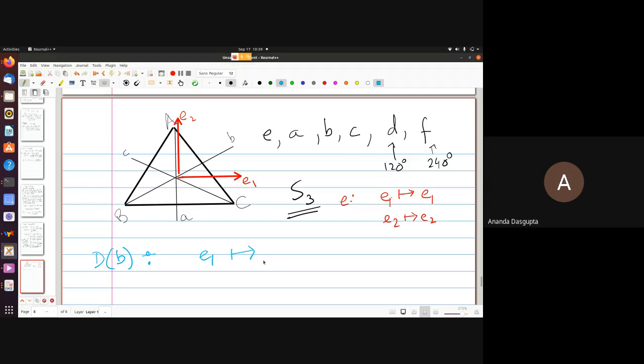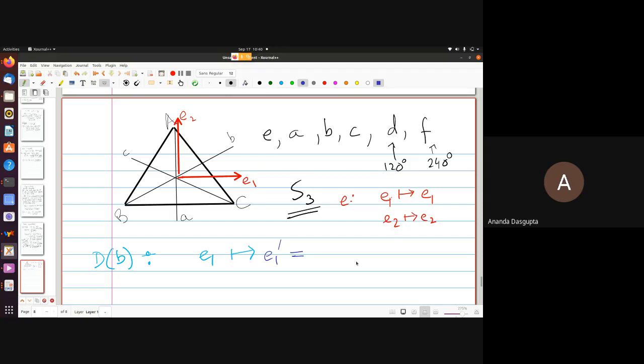What angle does E1 make with the median B in the first place? What angle does the median make with E1? It of course becomes something which we can call E1 prime, but we need to expand this out in E1, E2. So what angle does this vector make with E1 now?